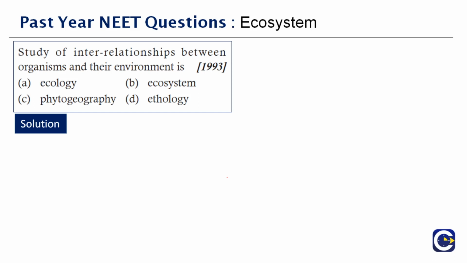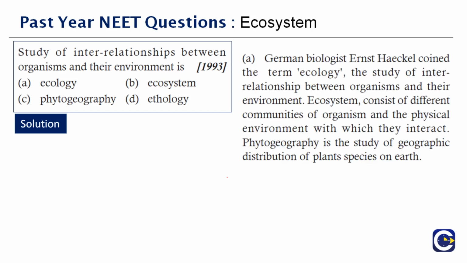German biologist Ernst Haeckel coined the term ecology. Ecosystem consists of different communities of the organism and therefore it cannot be considered. Phytogeography is a study of geographic distribution of the plant species and so on. So therefore the correct answer to this question is option A.